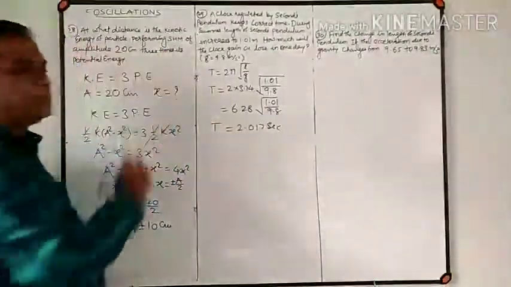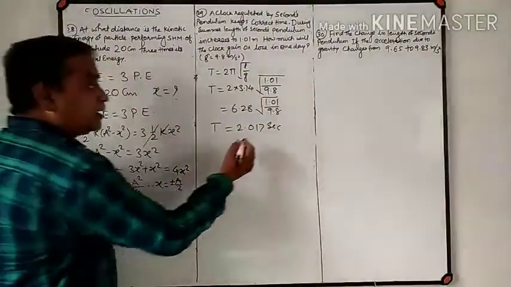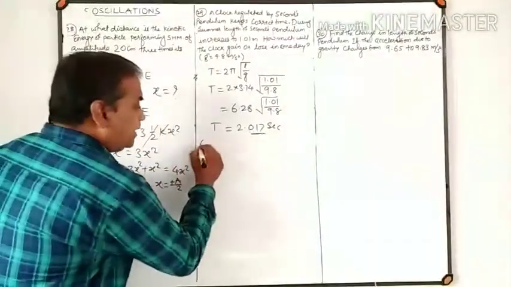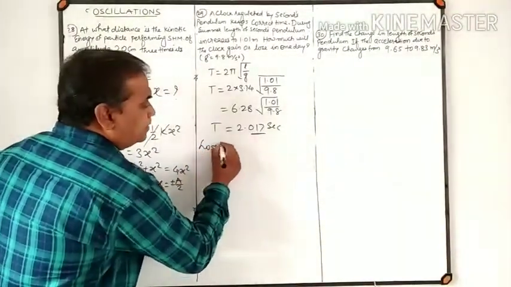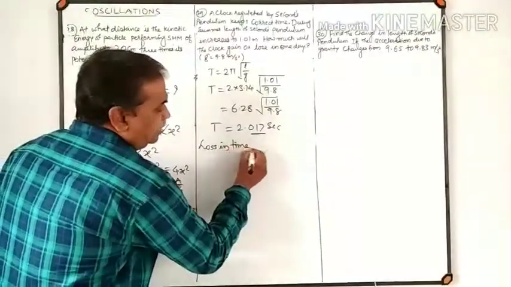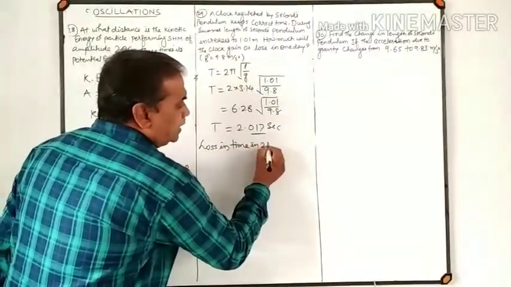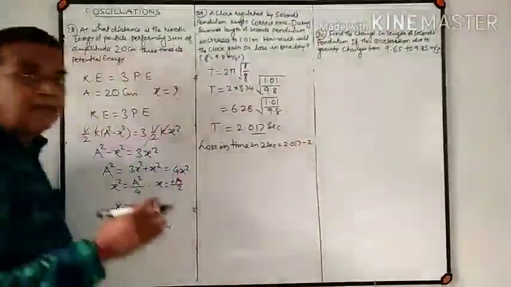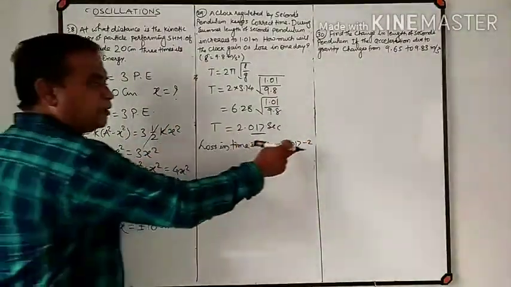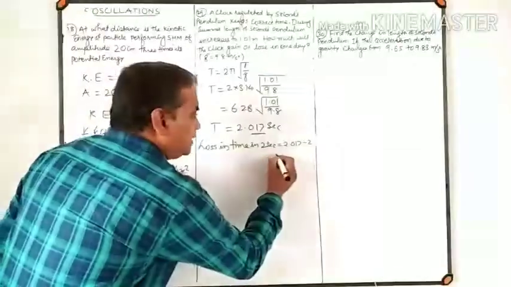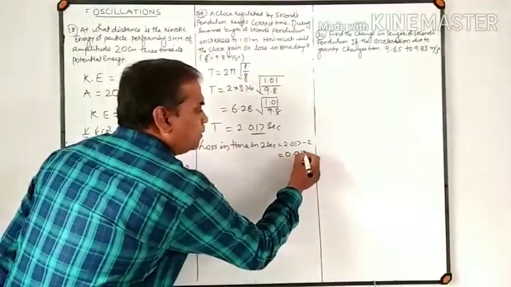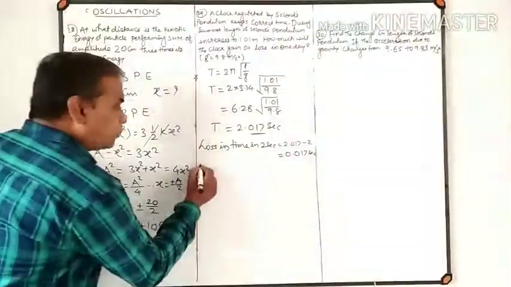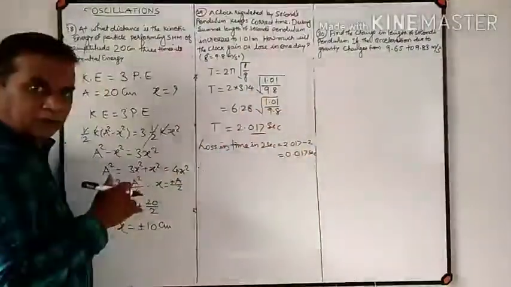So the time period of the seconds pendulum during the summer is more than 2 seconds, which means there must be a loss in time. Loss in time in 2 seconds is 2.017 minus the original time period of the seconds pendulum, which is 2. So loss in time in 2 seconds is 0.017 second.